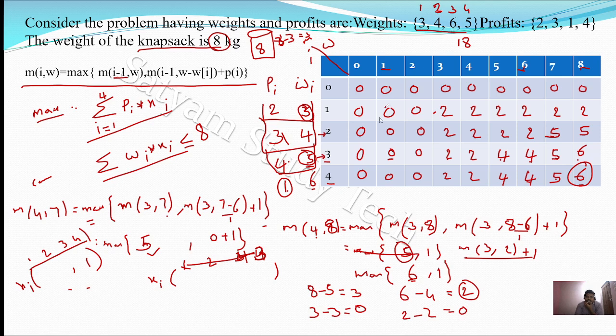Here it is 6 but you cannot consider that, so the x value is 0. Second object you cannot consider, since 2 is there here and the previous row also has 2, so this object is not considered. Then 2 is there in the previous row, so this object is considered and you get the profit 2. So here one object is considered.